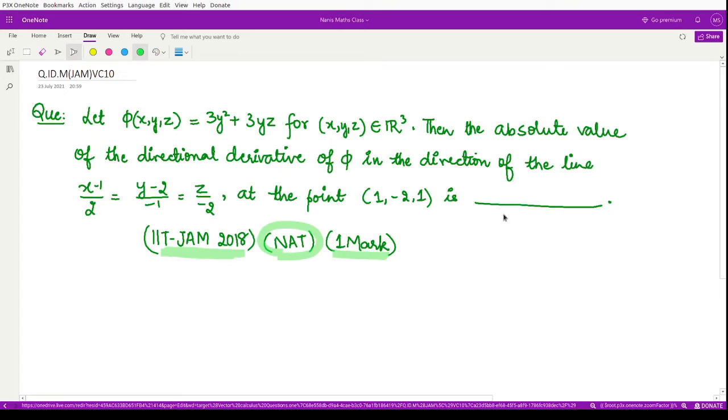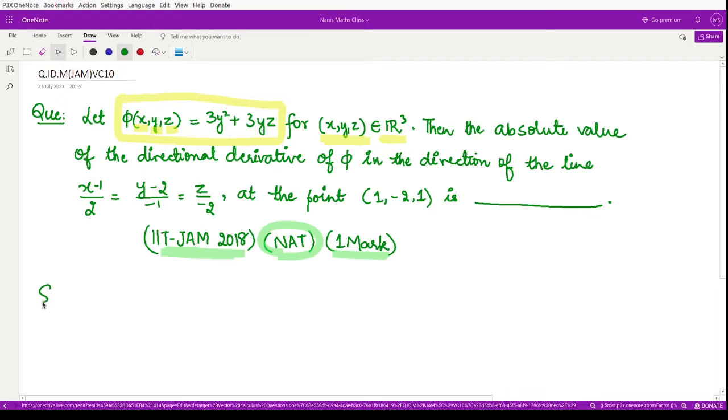The question is that the function phi, which is a function of 3 variables x, y and z, is given to be 3y square plus 3yz, where x, y, z is some point in the three-dimensional space. Then what is the absolute value of the directional derivative of this function phi in the direction of this line at the given point?